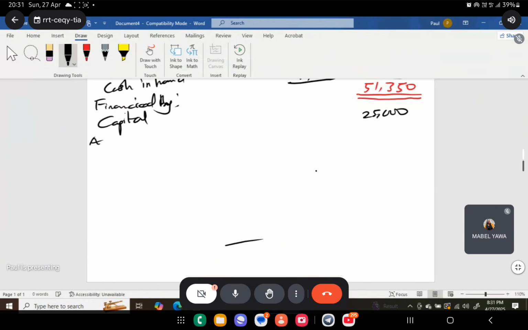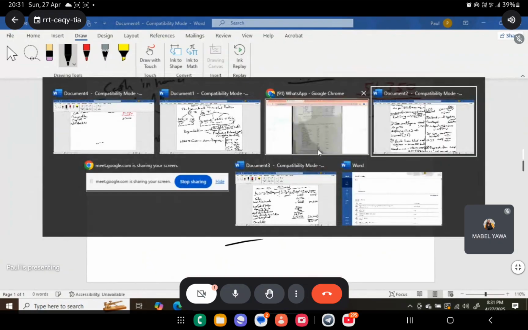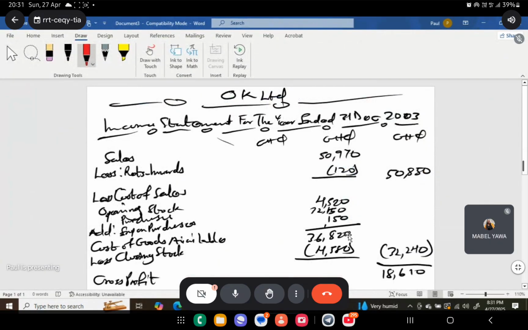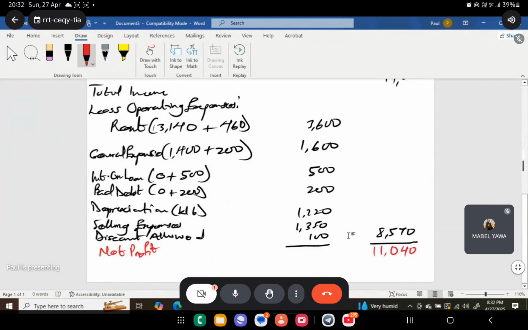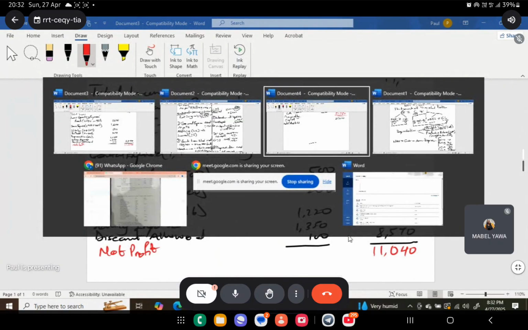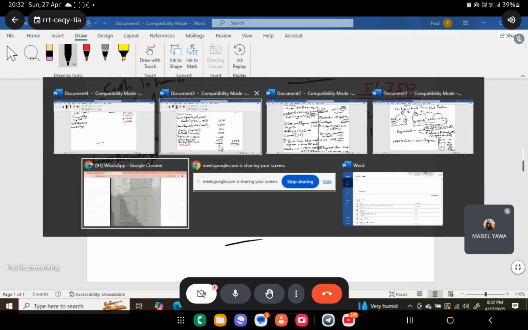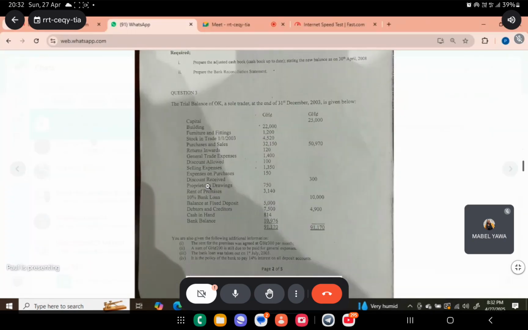Then we add our net profit. Now the net profit is what we got from the income statement. So the net profit we got, that's 11,040. Then we less our drawing. Now in the question we ask ourselves, were there any drawings?